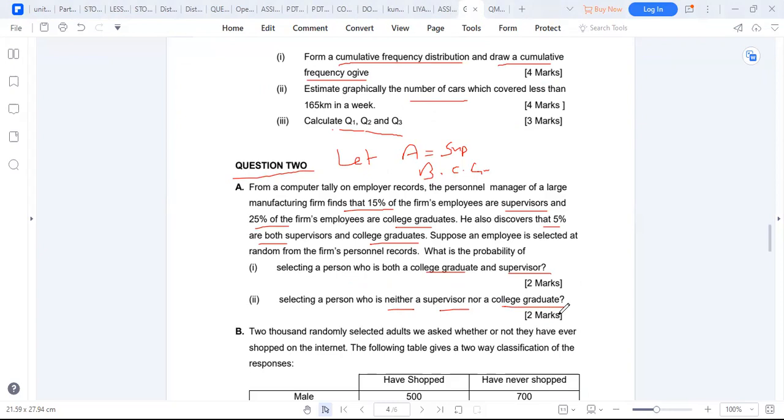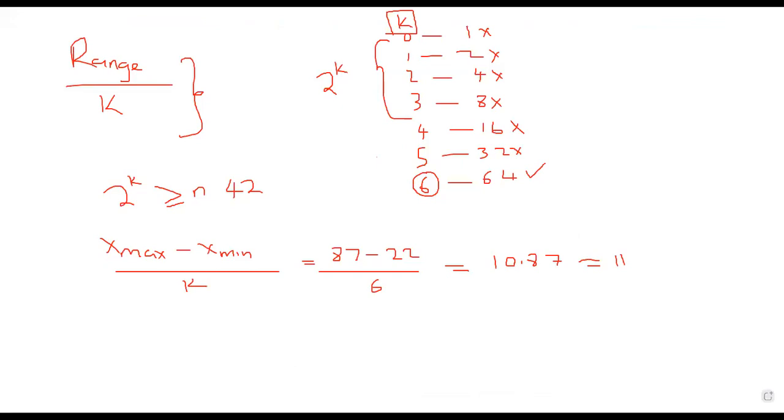The probability of A union B is equal to probability of A plus probability of B minus the intersection. So to unite is to add, and to intersect is to multiply or find something common.